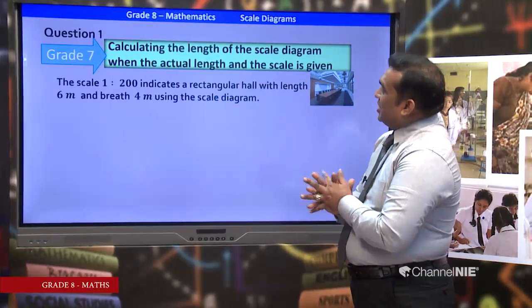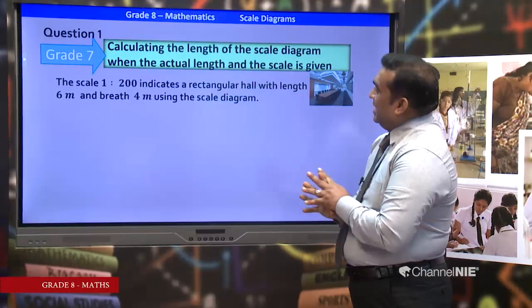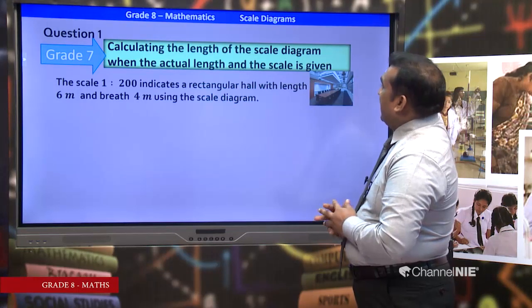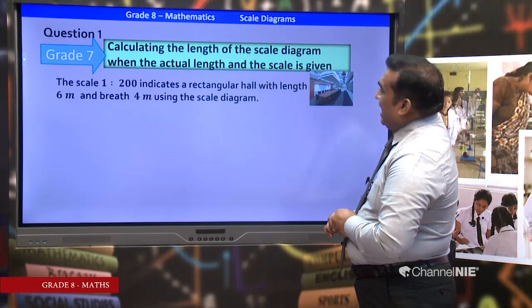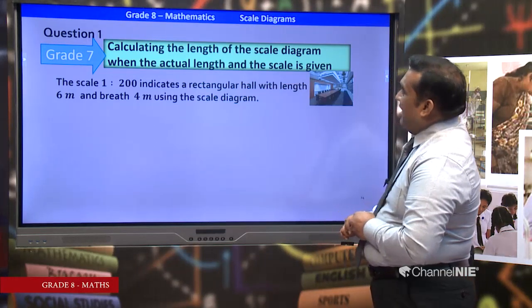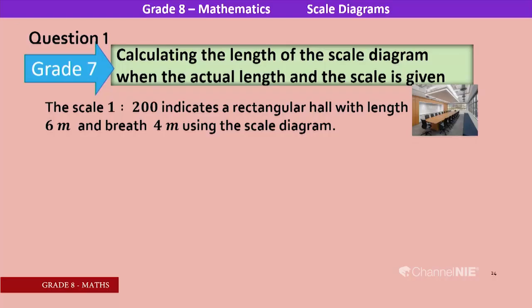Now question number 1. Calculating the length of the scale diagram when the actual length and the scale is given. In this case you have the actual length and the scale.